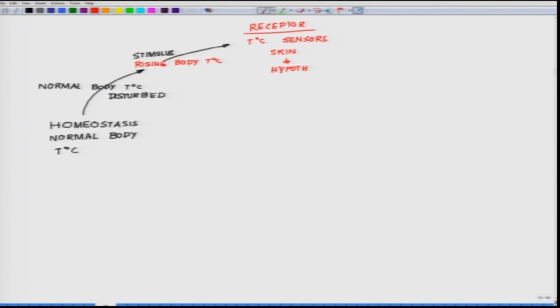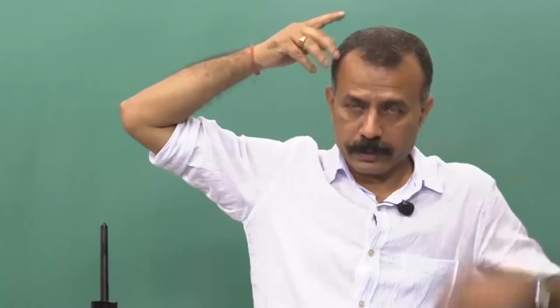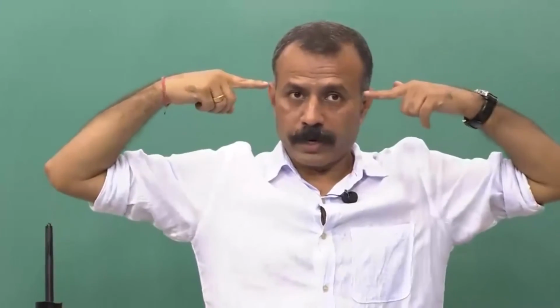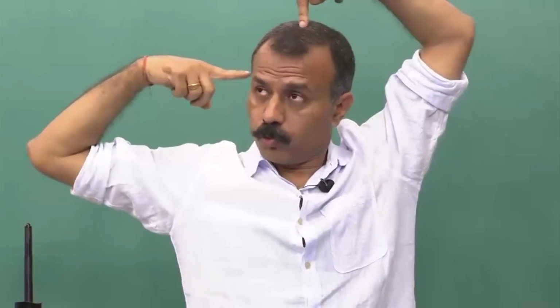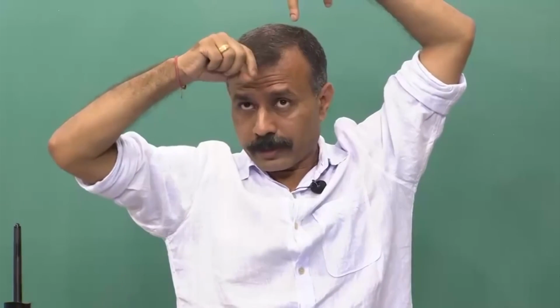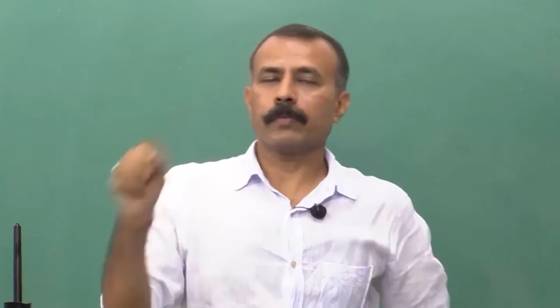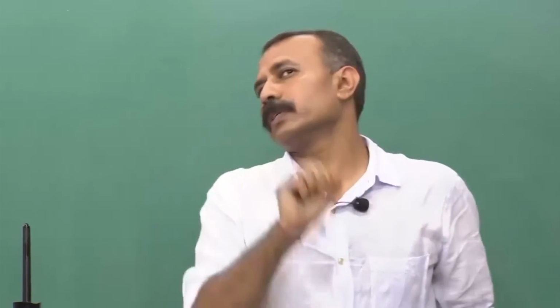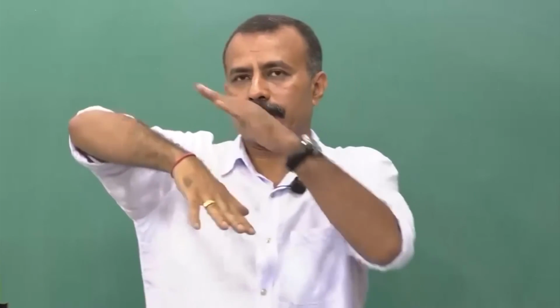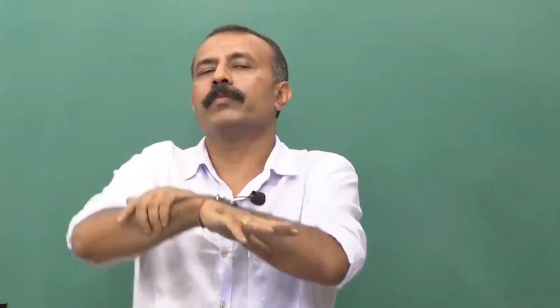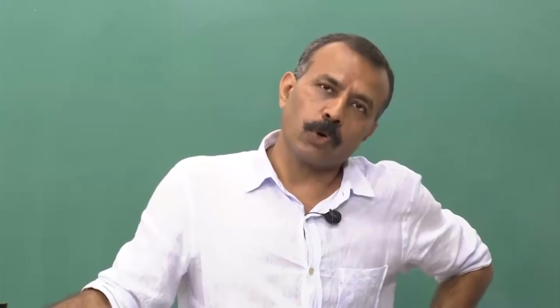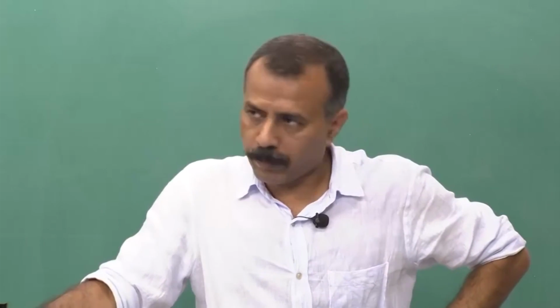So, where is the hypothalamus? It is a region of the brain pretty deep inside, somewhere in the center, a small organelle which is part of the neuroendocrine system. That is the temperature controller. So not only is my skin sensing the increase in temperature, the hypothalamus also senses it.